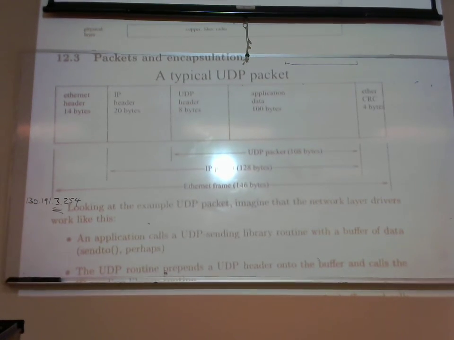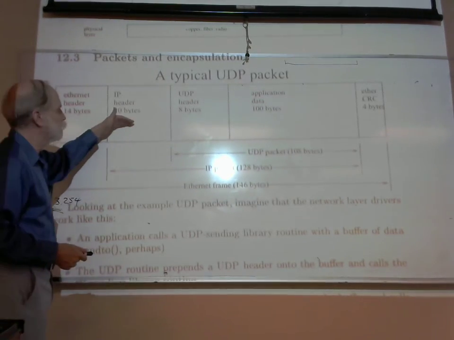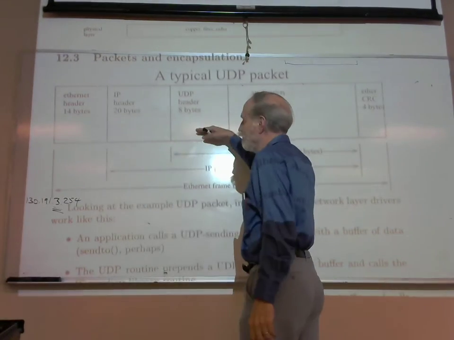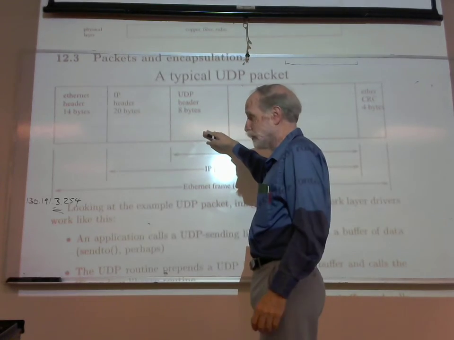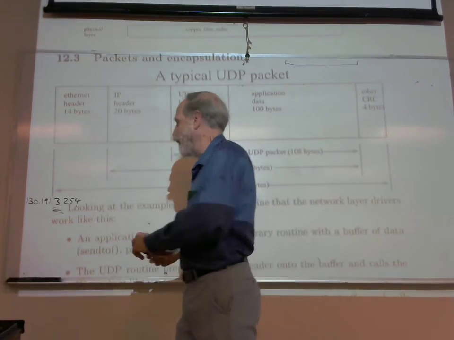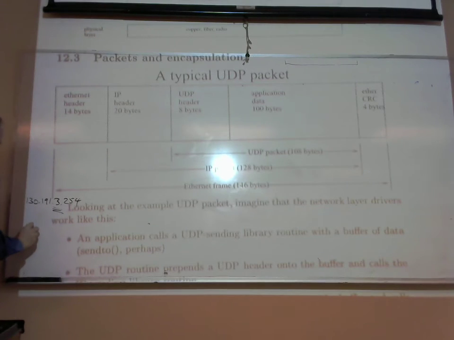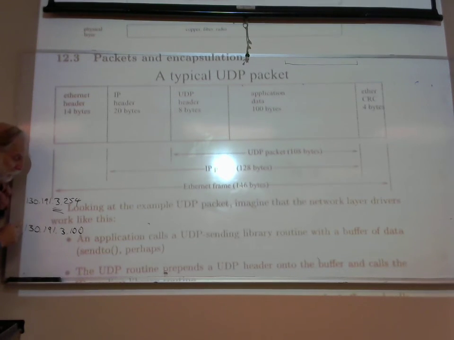We'll check it for errors, same song all over again. We'll check it for errors, peel back the headers here, try to find out where it's really supposed to go to, and we'll discover it's Rohan. Right? The final address is 130.191.3.100. And because of the net masks that we talked about last time, we'll say, hey, my network matches the network of the destination.